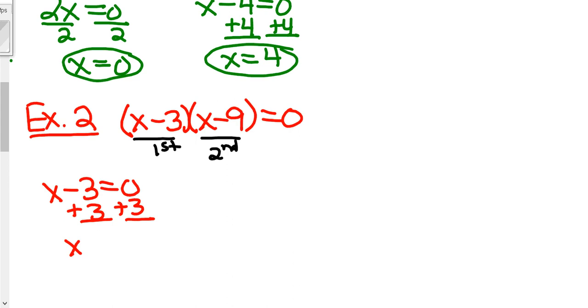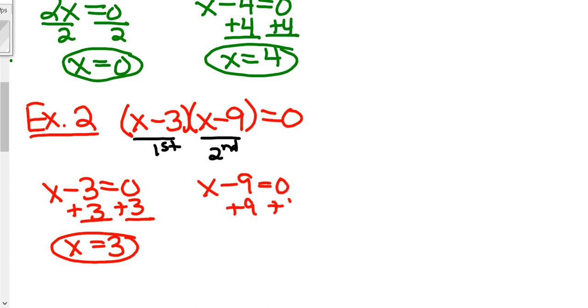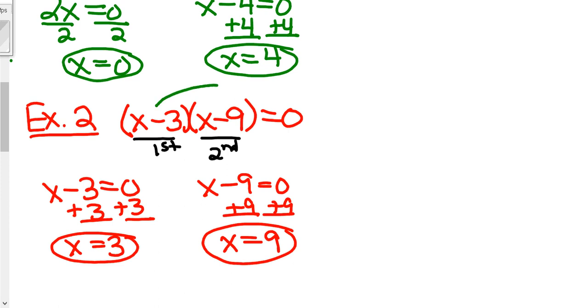So we got x equals 3, first answer. Now x minus 9 equals 0. Add 9 to both sides. So x equals 9. That's your second answer. That's it. Because x minus 3 is equal to 0, x minus 9 is equal to 0. So far, so good?